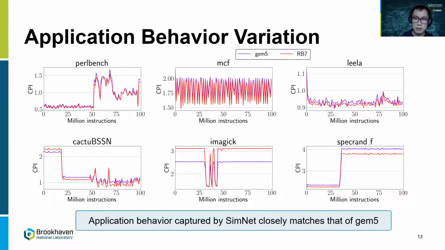The red line shows how SimNet simulates these benchmarks and how CPI changes under the SimNet RB7 model. We can see the curves of SimNet closely resemble the curves of Gem5. They indicate that SimNet can capture the application behavior as well as Gem5.